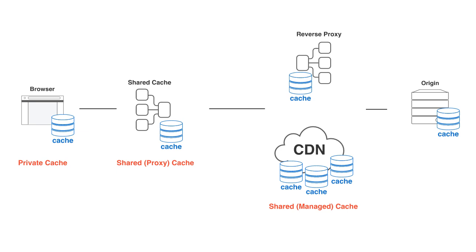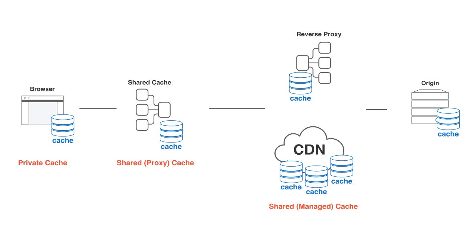The other one is managed cache. Managed caches are also intermediate caches that are kept in between the client and the server, but they are in complete control of the service developer. So they have dashboards or administrative utilities with which they can control the caching content. They can refresh the caching content, and they can administer it completely.